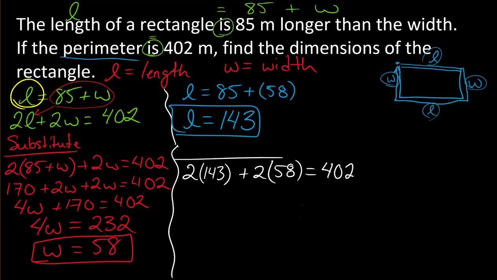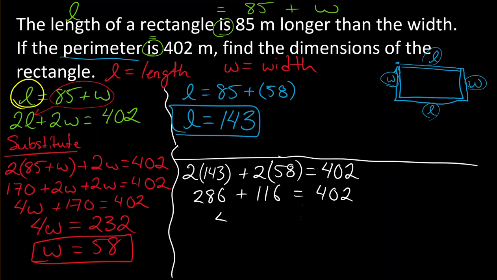Hopefully that equals 402. So 2 times 143 is 286, plus 2 times 58 is 116. Does that equal 402? Yes, it does. So our check worked perfectly. That's exactly what we want to see.